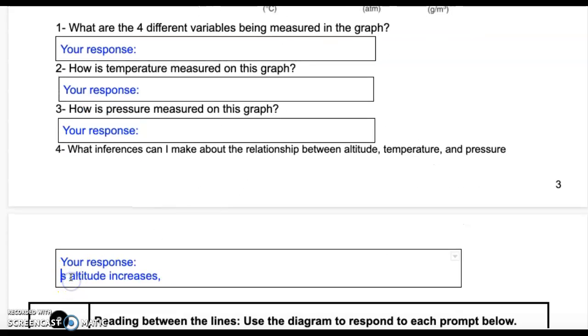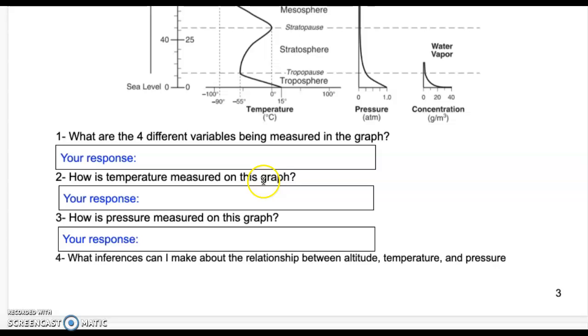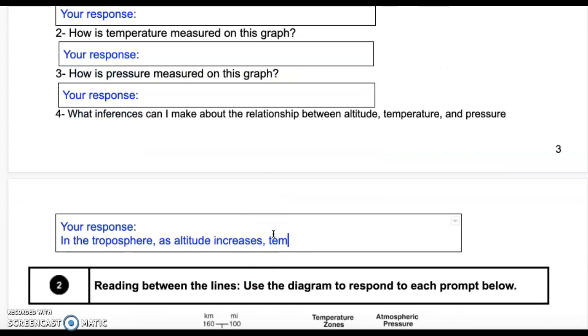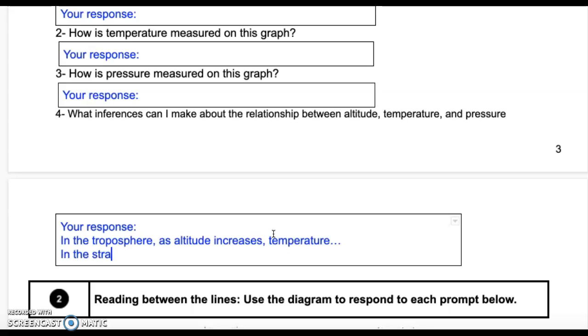Let's say like here, in the troposphere, as altitude increases, temperature, in the stratosphere, as altitude increases, temperature.